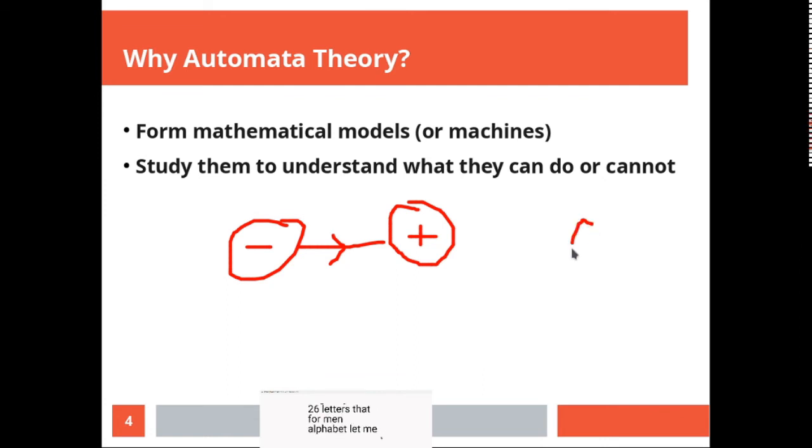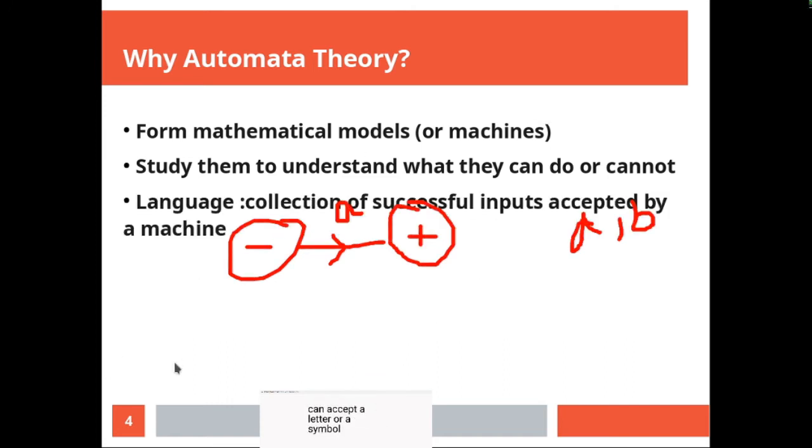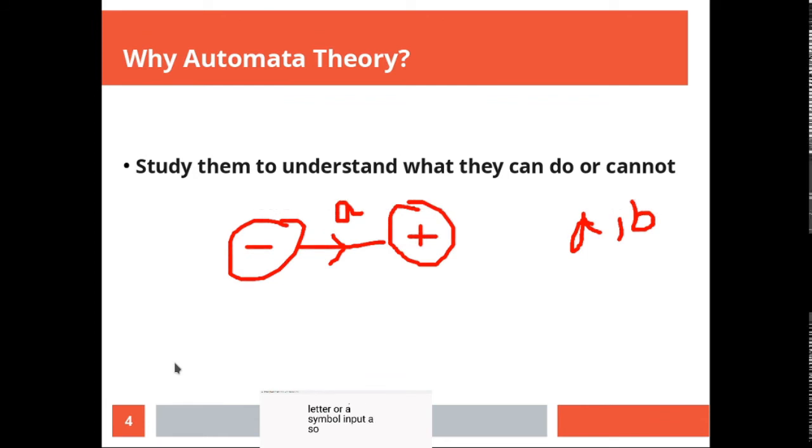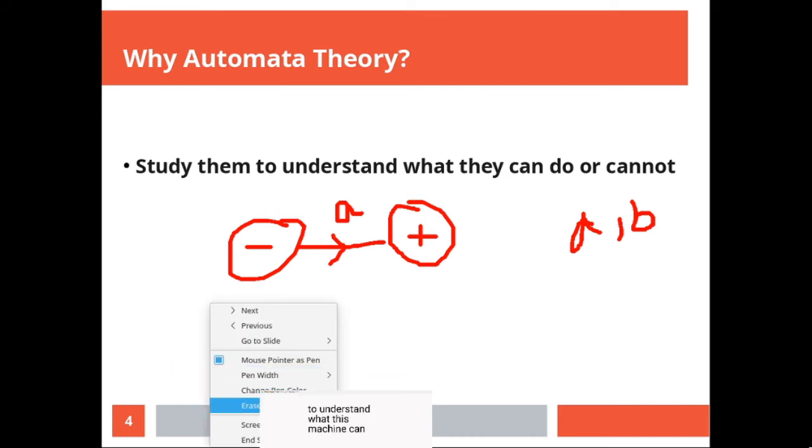Let me call the alphabet A and B. If I want to say that this machine only accepts input A, I build a mathematical model so that if you arrive at an input A, you reach the final state, and this machine can accept the symbol A. So you are forming mathematical models to understand what this machine can or cannot do.